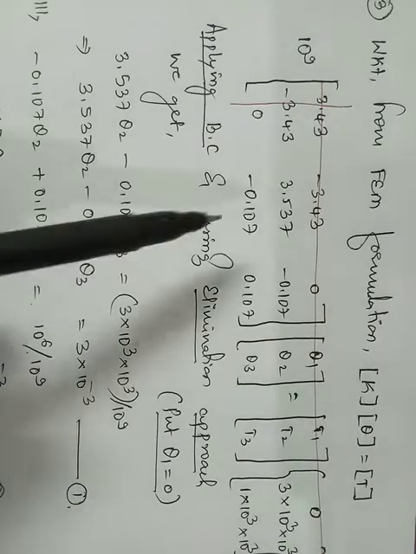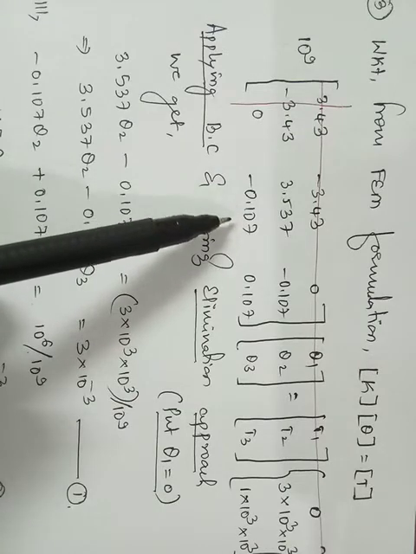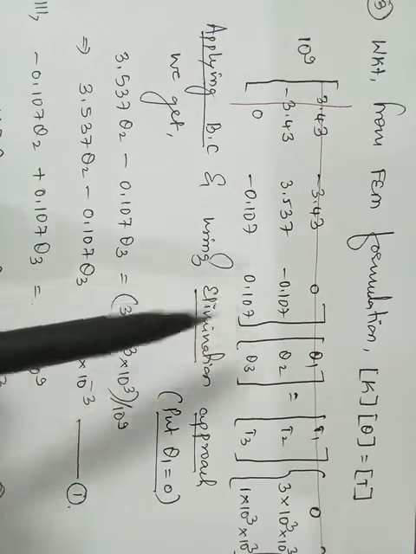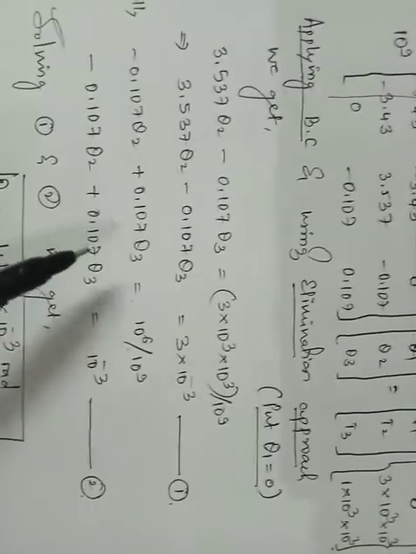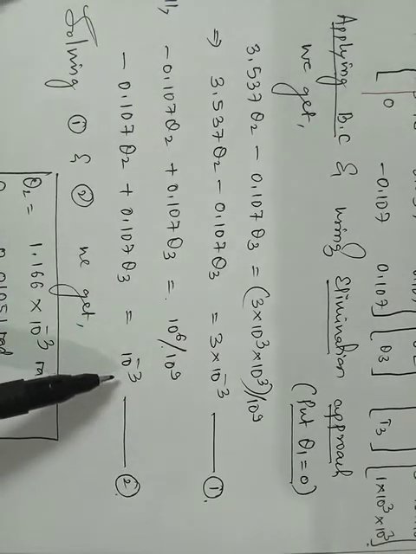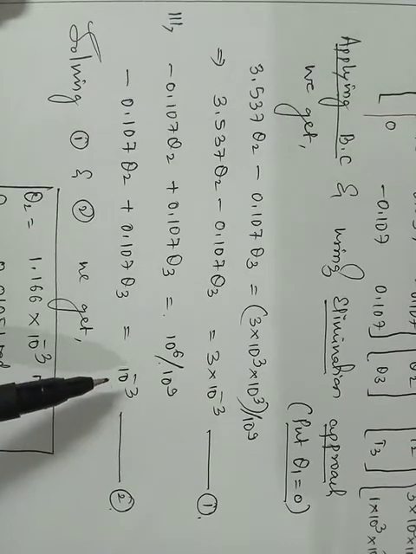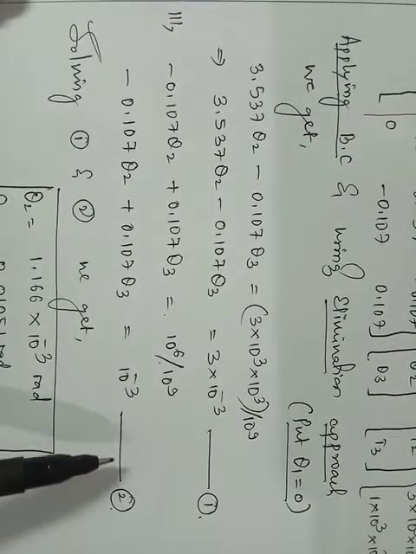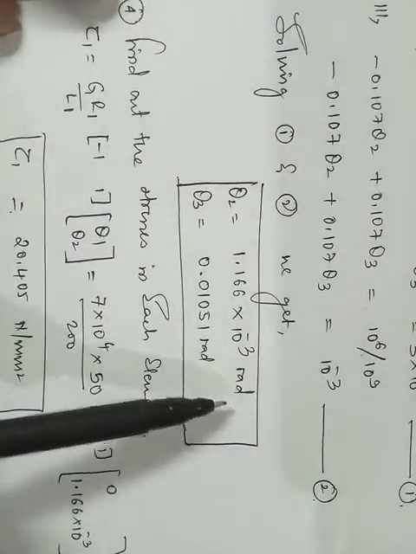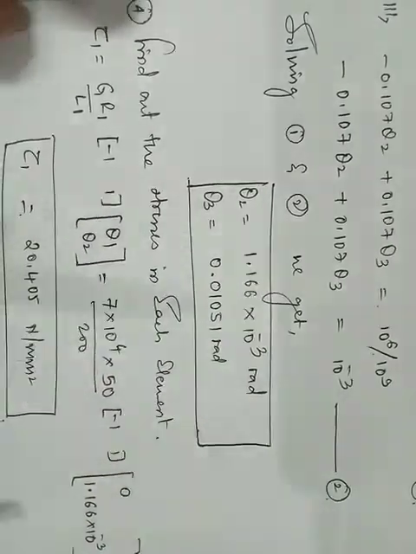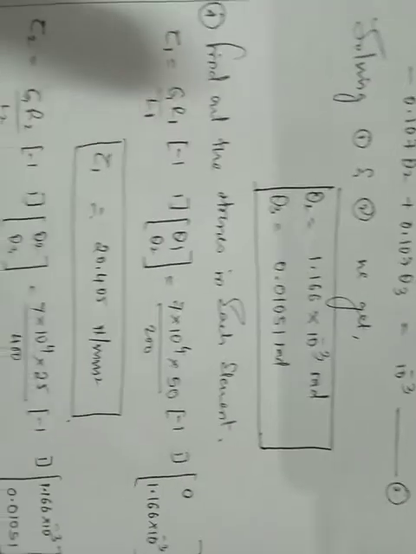Similarly, minus 0.107 into theta 2 plus 0.107 into theta 3 is equal to 10 raised to minus 3. Right? So if you solve these two equations using your calculators, we will be getting two values of theta 2 and theta 3. And it is very important that the outcomes will be in radians. It will not be in degrees. So be careful, write the units correctly.